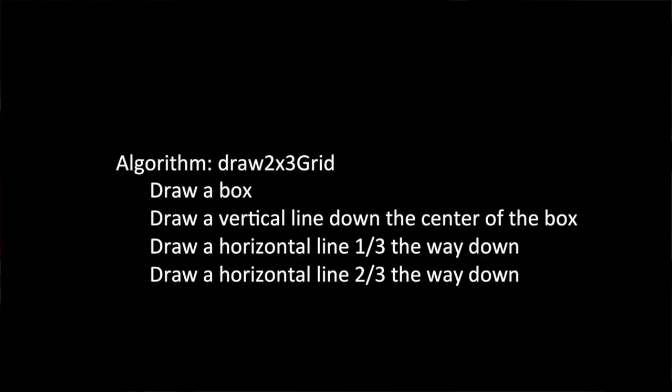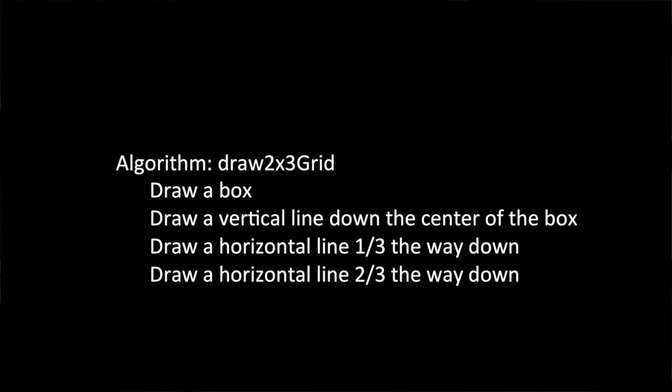So here's an example of an algorithm. Let's try drawing a 2x3 grid. And our algorithm might be something like, draw a box, draw a vertical line down the center of the box, draw a horizontal line a third of the way down, and draw another horizontal line 2/3 of the way down.